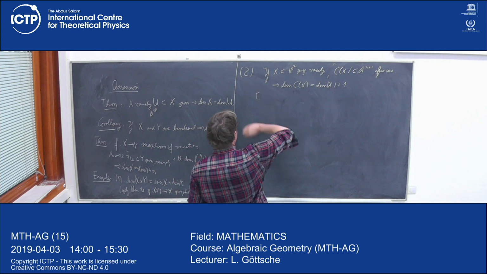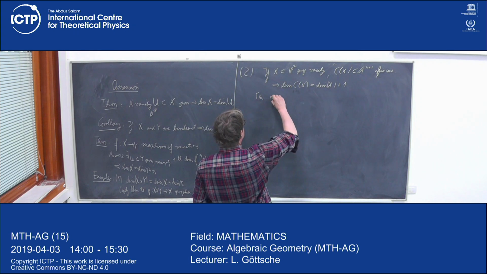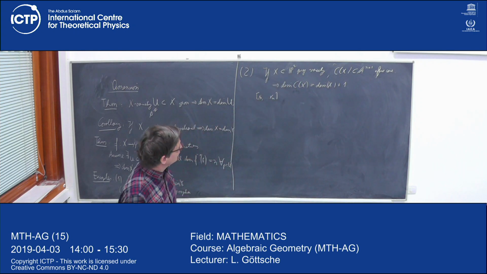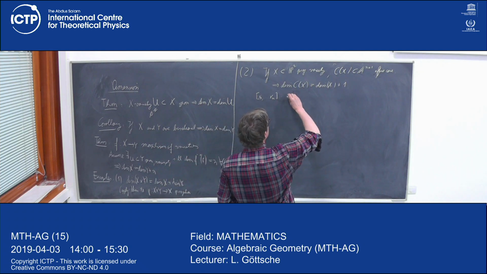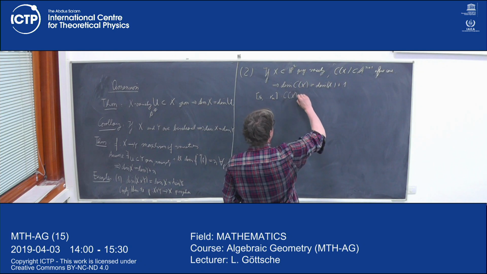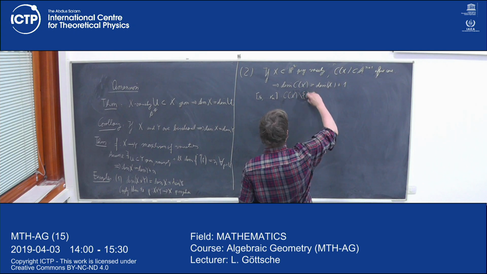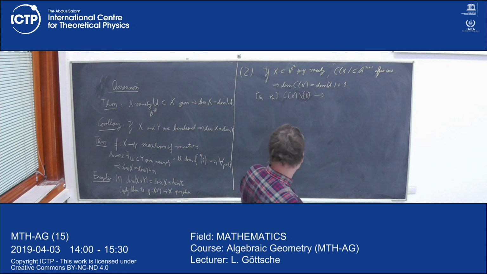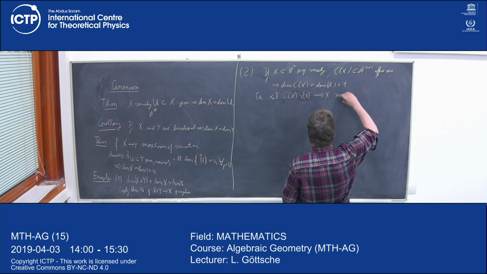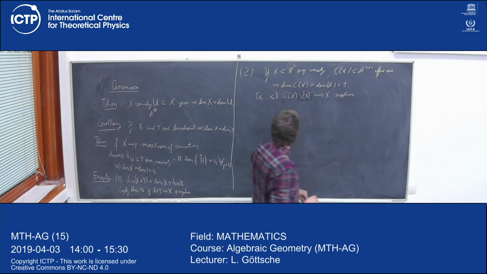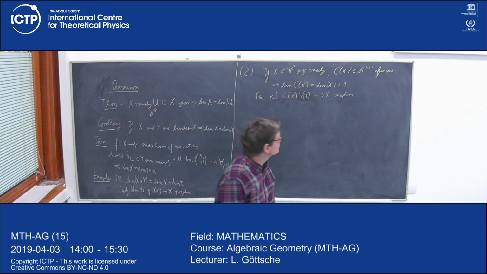So I can write like this: if we have, for instance, x0 to xn, if these are the coordinates on A^(n+1), the map from Cx without 0 to X is a morphism, namely it sends every point in Cx to its class in projective space.